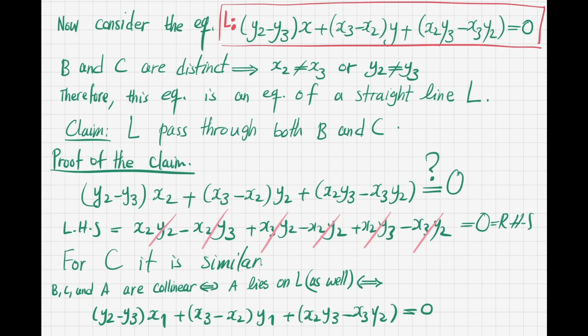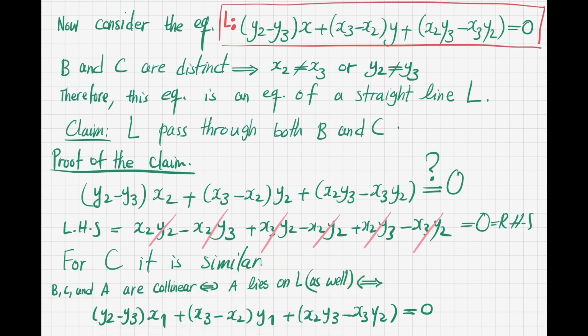Okay, so we showed that B, C, and A are collinear if and only if this happens. Yes, and this happens if and only if this equation is satisfied.